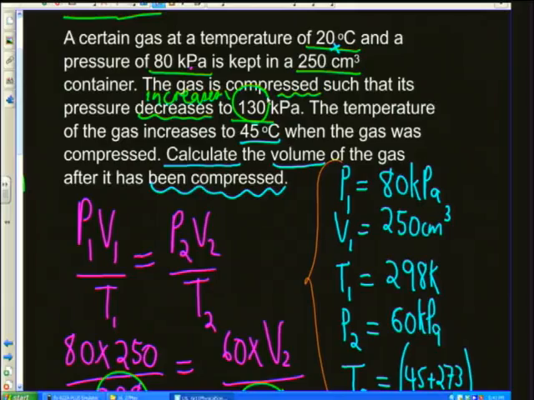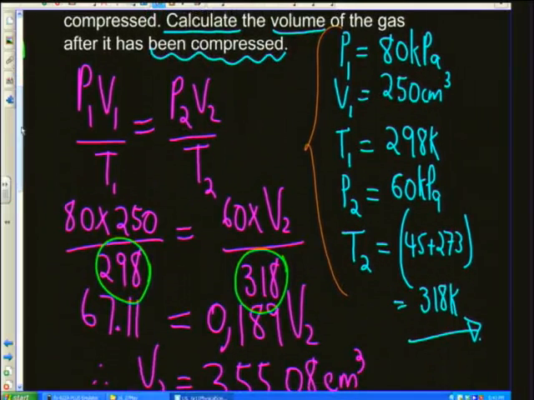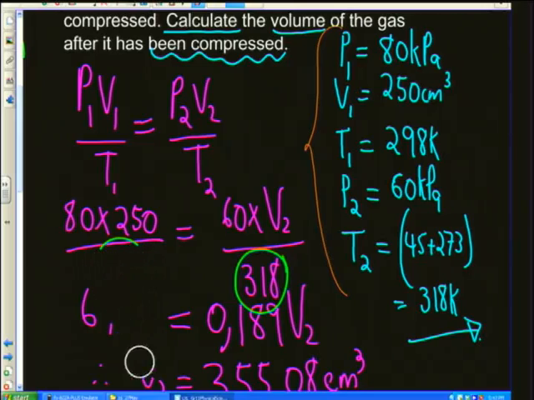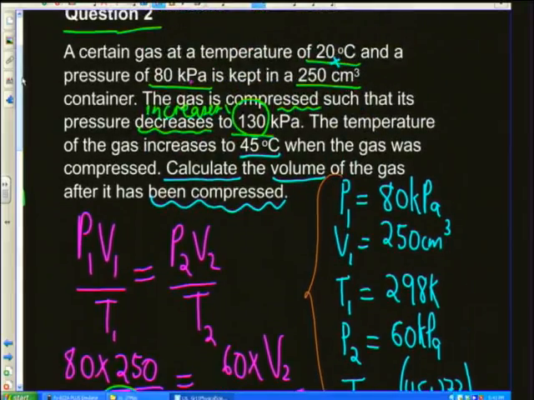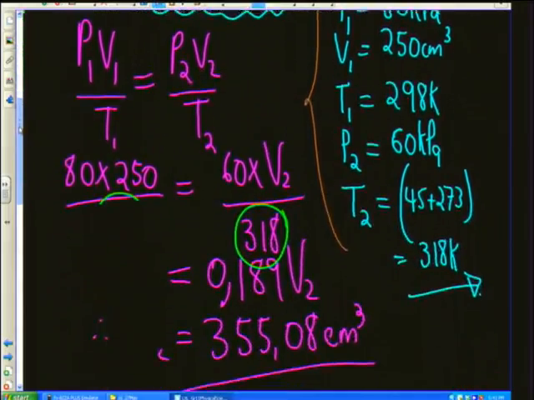So 130 stays, and down here, thanks to a mindsetter who helped us to see where the mistake is in our calculation: when you have 20 degrees Celsius, that will be 293, not 298.